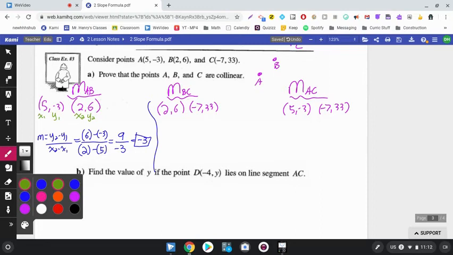All right, let's do that again. Next slope, let's calculate that. I'm relabeling. 2, 6, I'm going to call that x1, y1. Negative 7, 33, I'm going to call that x2, y2.